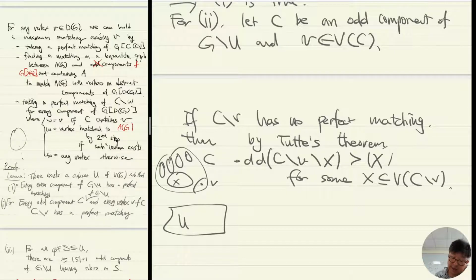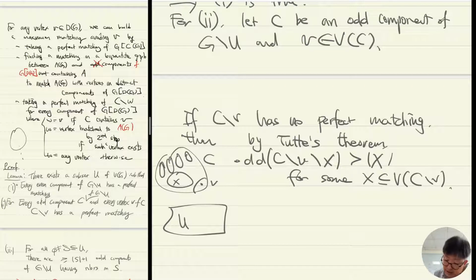Right. Now, what does that mean? C minus V has an even number of vertices, right? Because it was an odd component.